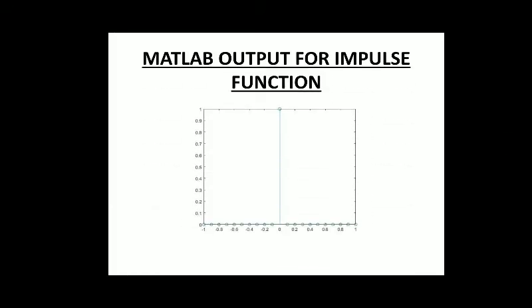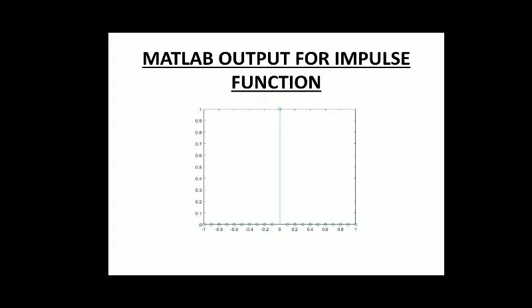Here we get the MATLAB output for the impulse function, or Dirac delta function as you know it. Don't confuse the step function output with this impulse output. See the value of magnitude for time greater than 0: the magnitude is 0.